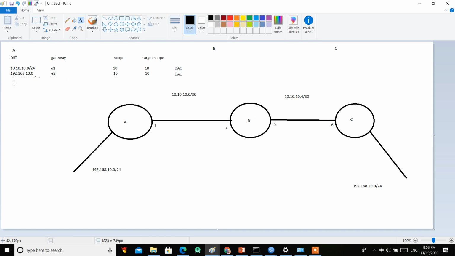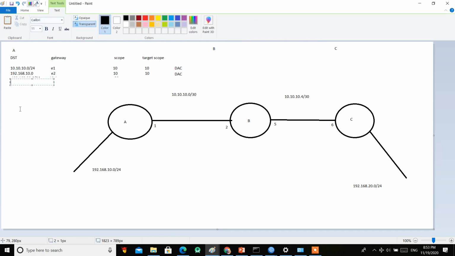Okay, but how? At first, we have to define the net ID between B and C. If you want to reach the net ID between B and C, go to 10.10.10.2. So this is a static route, the target scope is 10, and it is an AS.